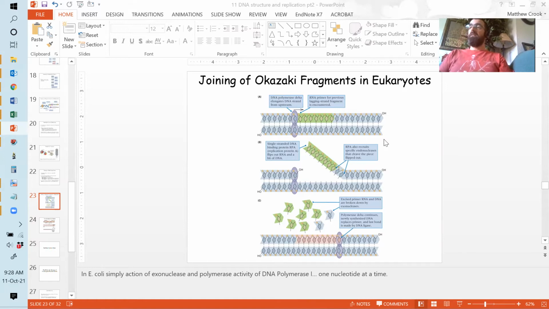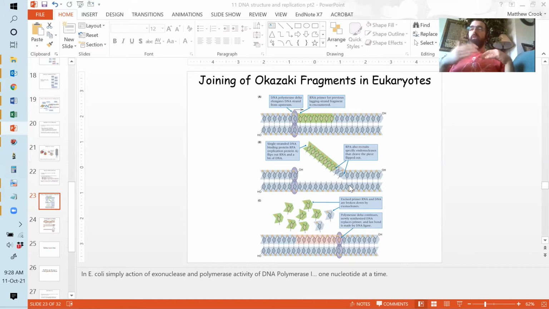So anyway, the replication protein A recruits endonucleases, and what they do is they cut off that flipped out piece. And so now you have essentially an open section of track ahead of DNA polymerase delta, right?